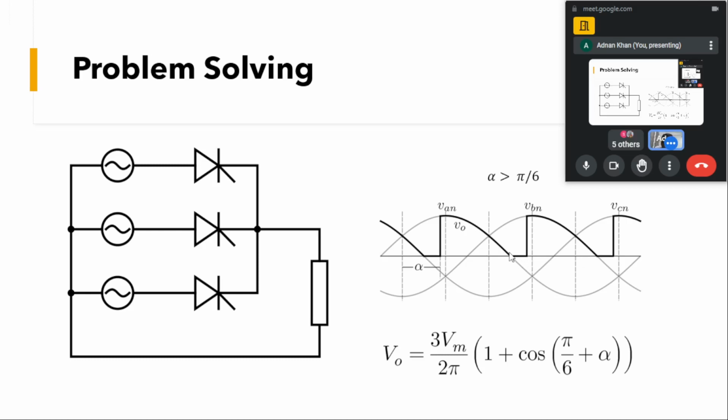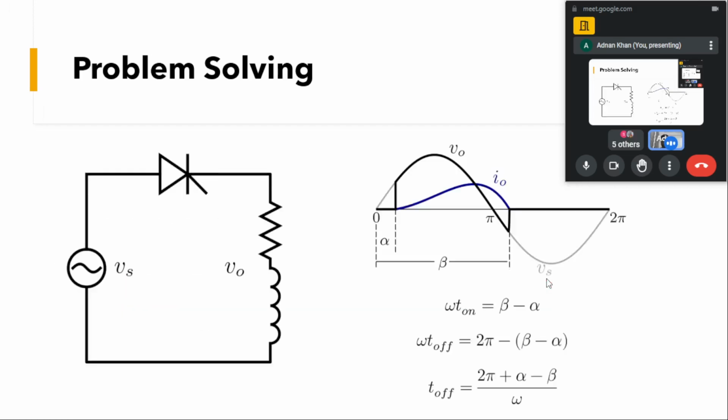So if this is 180 degree, and we know each of these intervals is 60 degree, and you can see from the start of this VAN to this point, this is 30 degree. So if alpha is greater than 180 degree minus 30 degree, that means alpha is greater than 150 degree, we won't be having any output voltage, the output voltage will be equal to 0.